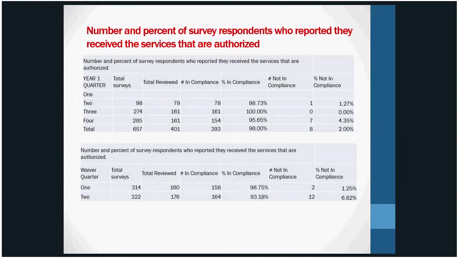For the number and percent of survey respondents who reported they received the services authorized for this last quarter, there were a total of 322 surveys. Out of those, we reviewed 176, and there were 164 in compliance. And the only reason the title at the top is red is because we always, Misty and I, after this review is done, follow up with the provider and request the notes for the months we're reviewing to ensure that there's documentation to support the services that were paid for.